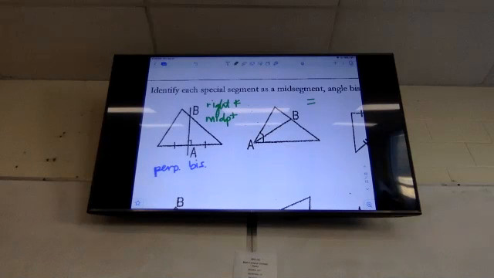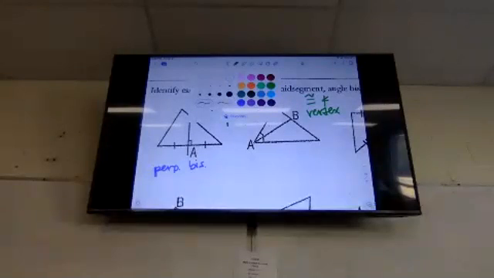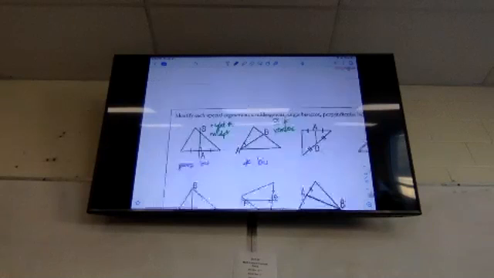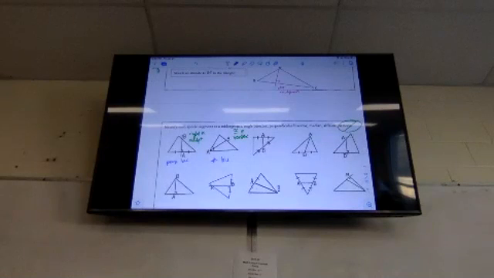Congruent angles. We see congruent angles and it goes through a vertex. For that one, the two things might be more hurtful than helpful because you just see that it's an angle bisector. I'm just going to abbreviate it with a little angle sign. Angle bisector. Just for sake of time, I'm moving on.